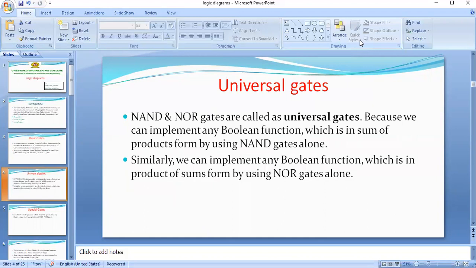We can implement the AND gate by using only NAND or only NOR, so we can implement the basic gates also by using only these universal gates. That's why NAND and NOR are called universal gates.